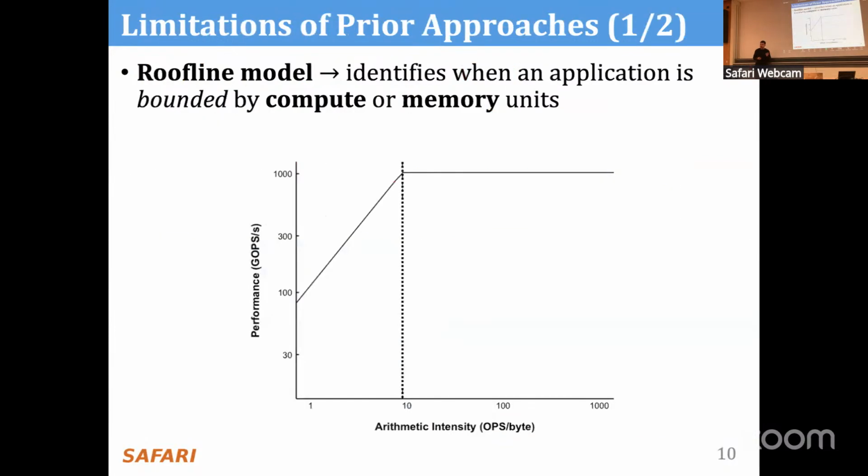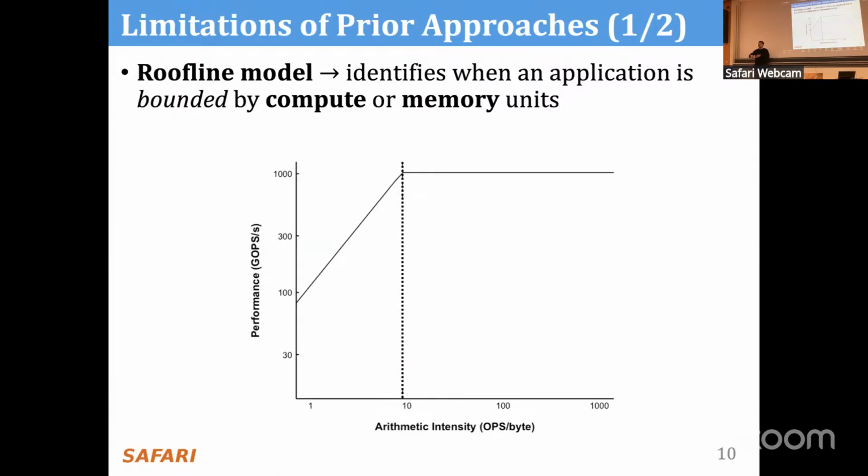One example: if you are into GPU programming for neural networks, you might have heard about this roofline model that I'm showing over here. This model is quite simple. On the x-axis it shows the arithmetic intensity of our application, so how many arithmetic operations you are doing per byte that you load from your RAM.